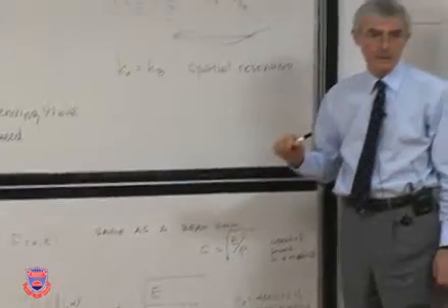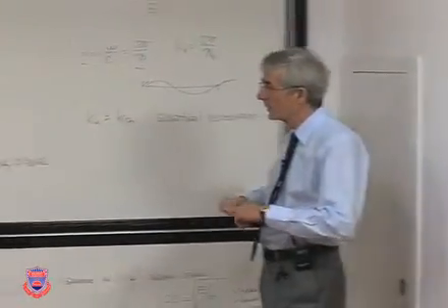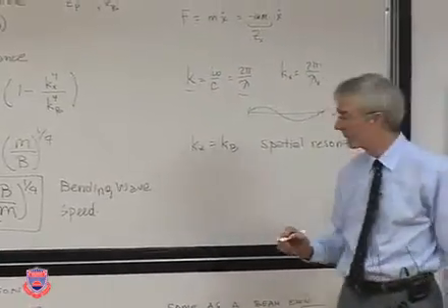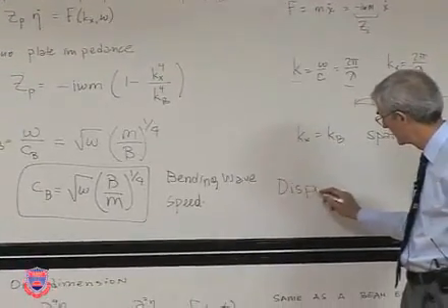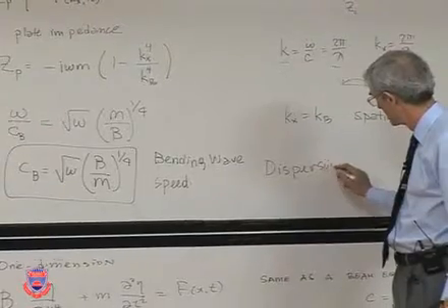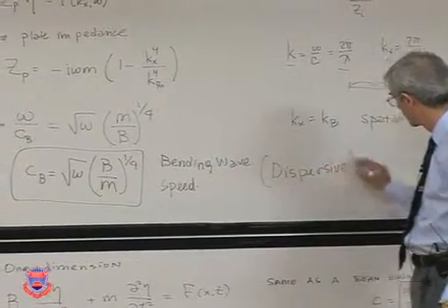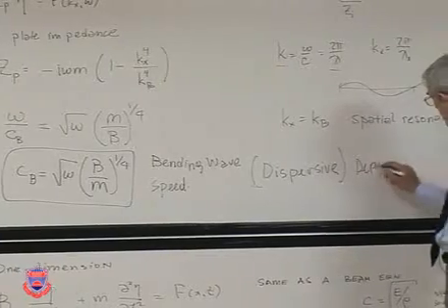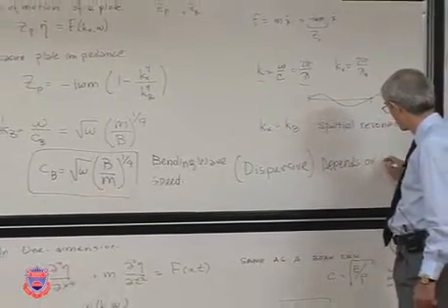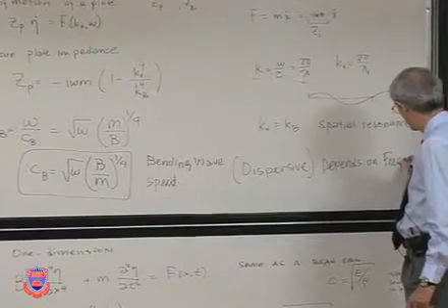Bending wave speed depends on frequency. When a speed depends on frequency, we call that dispersive.